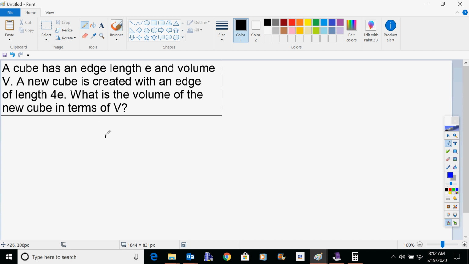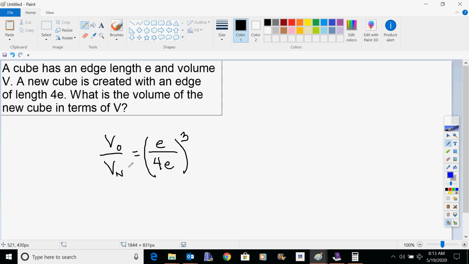So we've got the volume of the old one compared with the volume of the new one equals, a cube has an edge length of e. The old one is e, the new one is 4e. But because it's a volume problem, it's cubed.